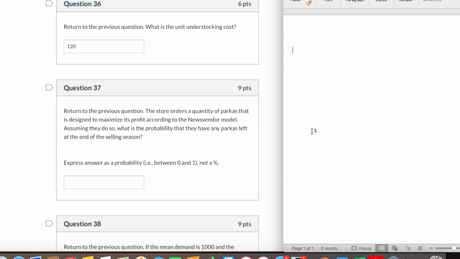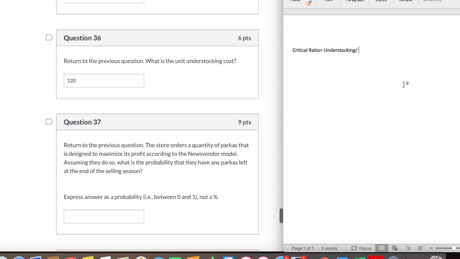Whenever you see newsvendor model and however much they have left and a probability, you're going to get critical ratio. So critical ratio is essentially the understocking divided by understock plus overstock.